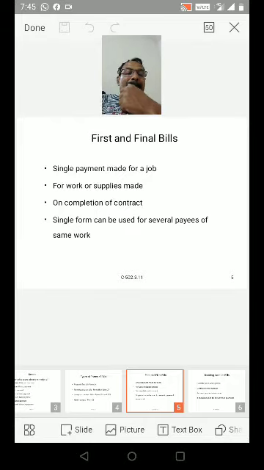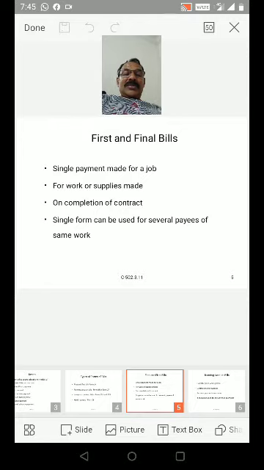This first and final bill form 24, single payment made for a job, for work or supplies made on completion of contract. Single payment, that is first and final payment.